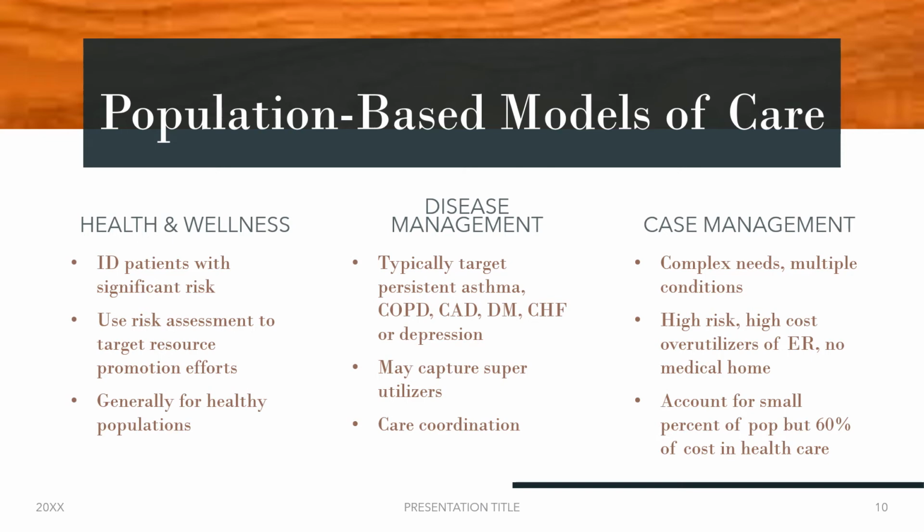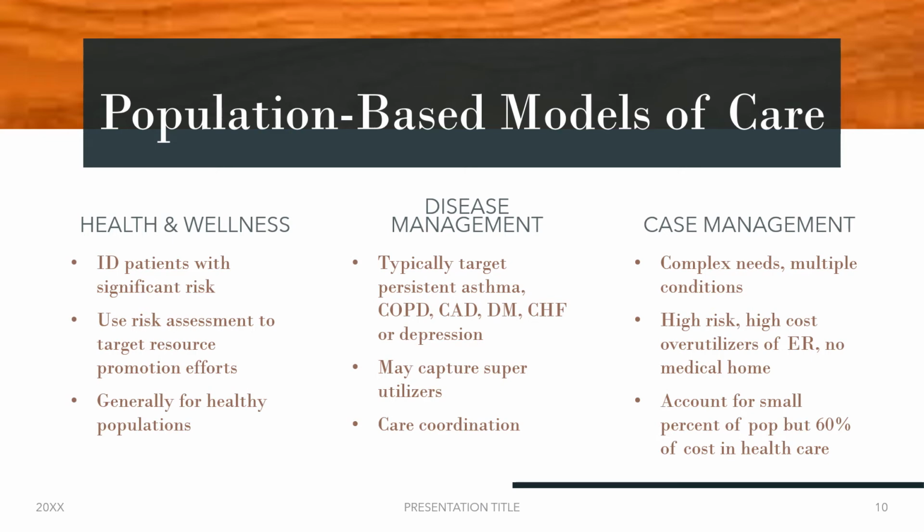Disease management models, however, are typically focused on chronic disease management. So the 6 that they identify here are persistent asthma, COPD, coronary artery disease, diabetes, congestive heart failure, and depression. And it often will capture those super utilizers, folks who may have fragmented care or overutilize the emergency room, and it institutes care coordination for a specific disease.